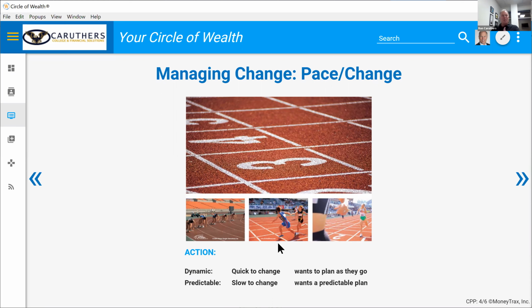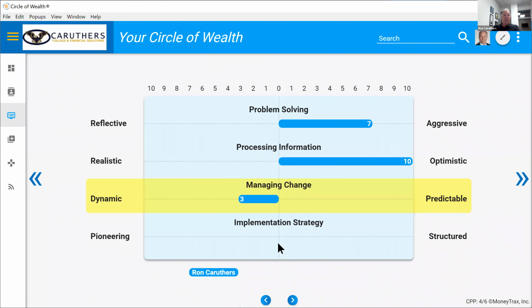So again, just understanding where your natural strengths are in that area will really help you out a lot, particularly with business partners and spouses. I'm a 3 on dynamic. And I'll bet if I took that again, I'd probably skew a little more towards the dynamic way, but I have to force myself: finish what you start, make sure you work through.